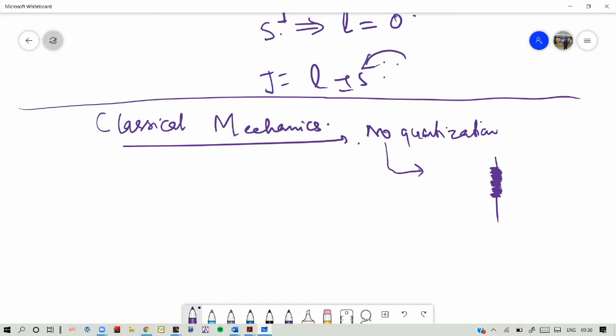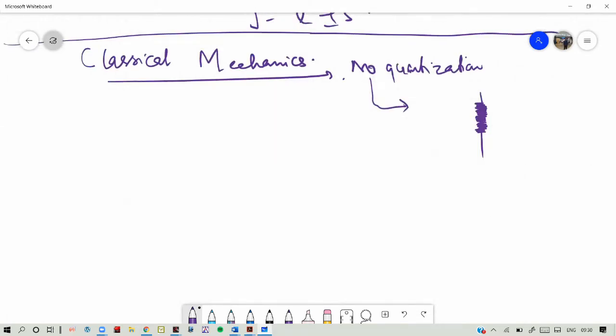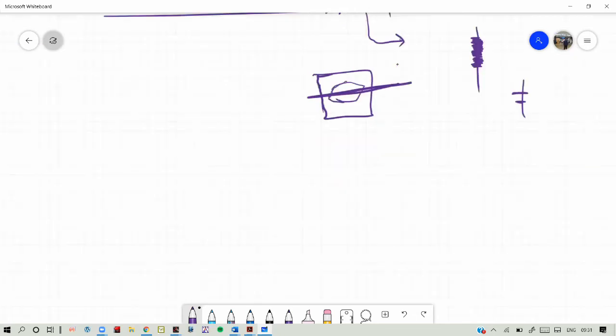But this was not the case observed in the experiment. They instead obtained only two traces which were equally spaced, and if you take its cross section, whatever I have shown earlier, this was symmetric with respect to the central direct beam.